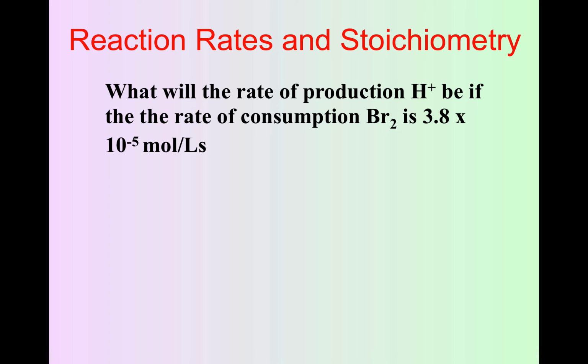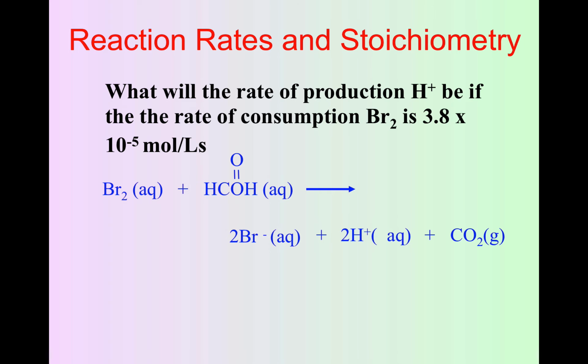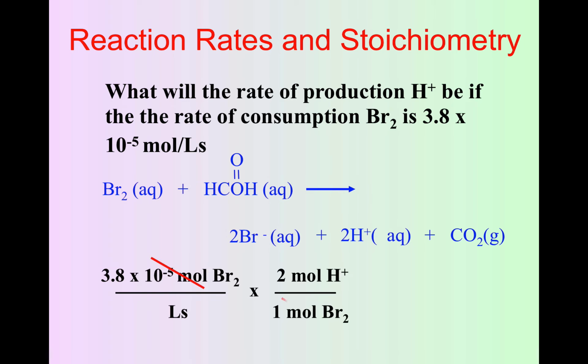So after a certain amount of time, the change in concentration over the change in time was 3.8 times 10 to the minus 5 moles per liter seconds. So how fast is H plus appearing? Well, we just go to the coefficients for that. So for every mole of bromine lost, you're making 2 moles of H plus, which means that H plus is appearing twice as fast as bromine is disappearing.